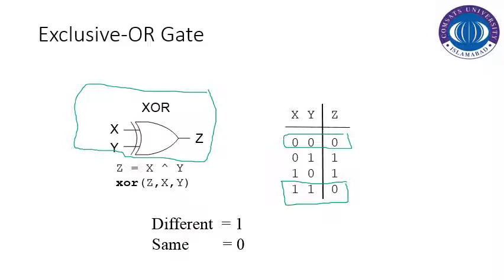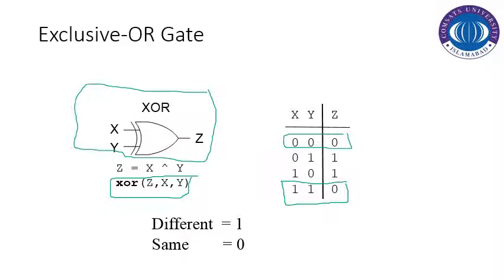So this is the symbolic representation for the exclusive OR. Here x and y are the inputs and z is the output. So exclusive OR where z is a function of x and y, this is the representation in Verilog, a hardware description language. So if you're confused by that, just ignore that.